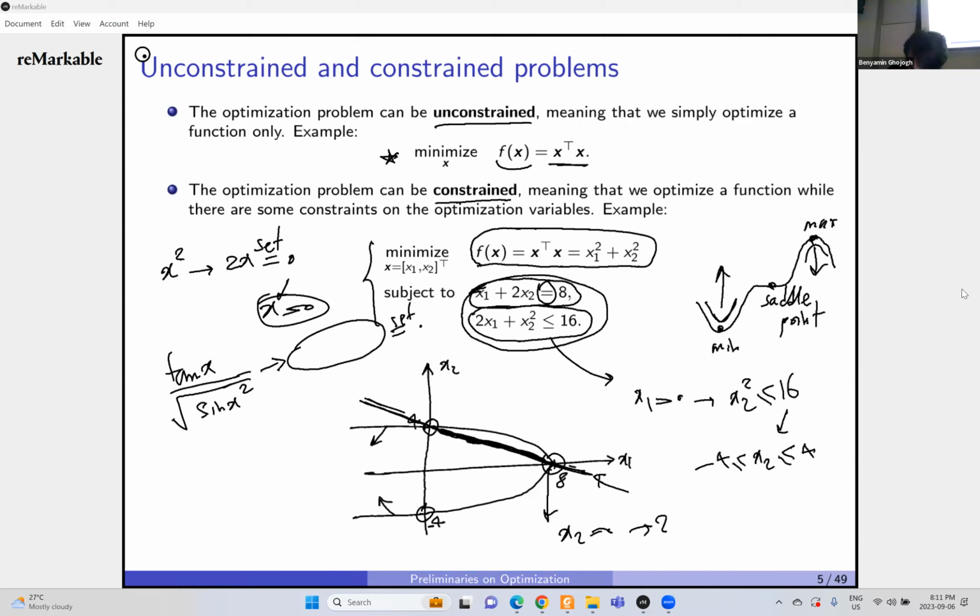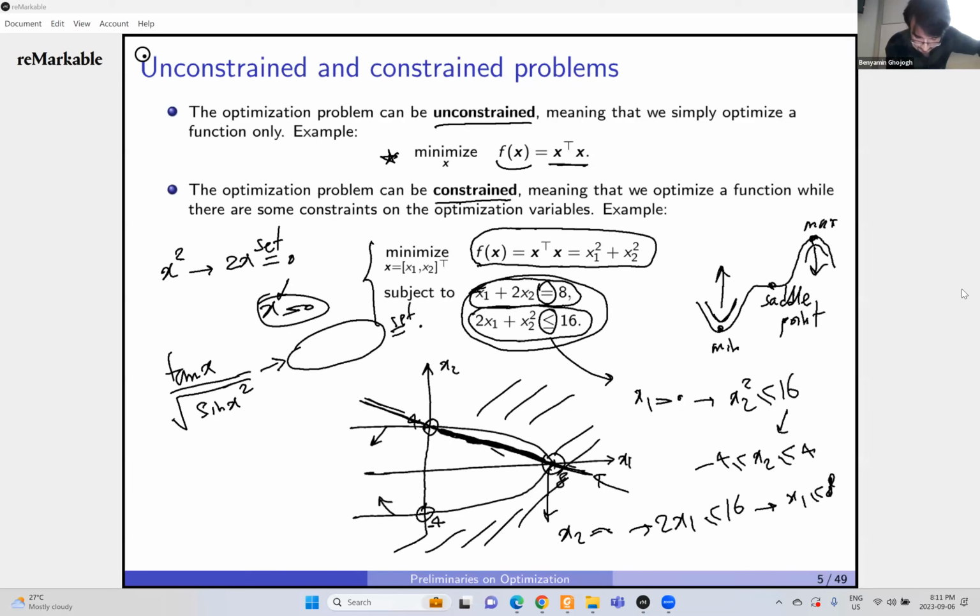Then 2x1 is 16, so x1 is less than 8. So 8 is also found. You have 3 points, so you can find the quadratic function passing through these 3 points. Then I need to satisfy this inequality. Should I be outside of this quadratic function or inside? I can simply put one of the points in one of these regions, for example, 0, 0 in this inequality. 0, 0 satisfies this, therefore, I have to be inside.